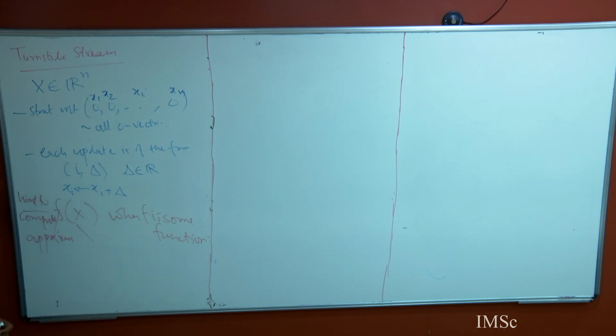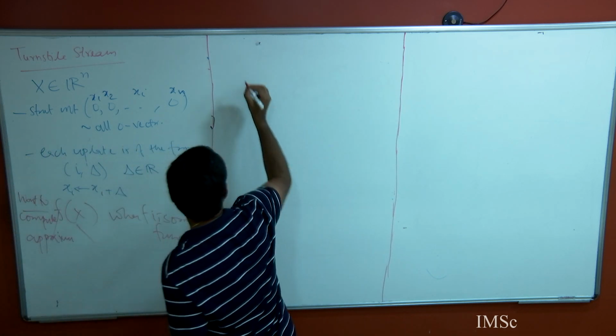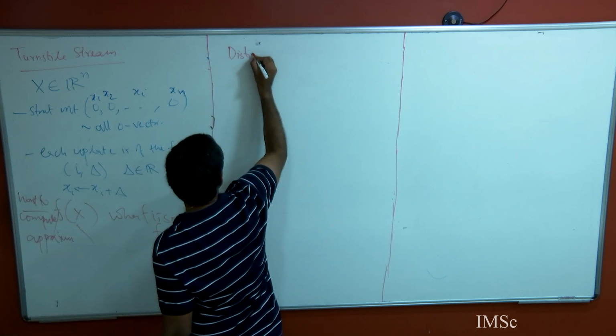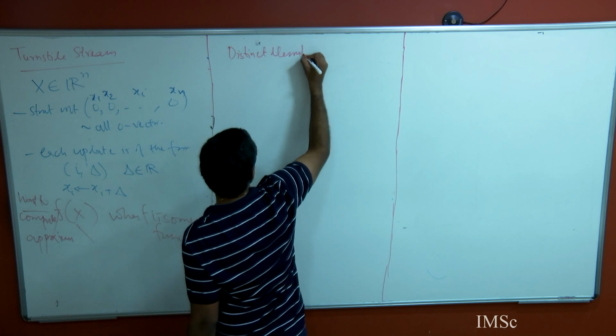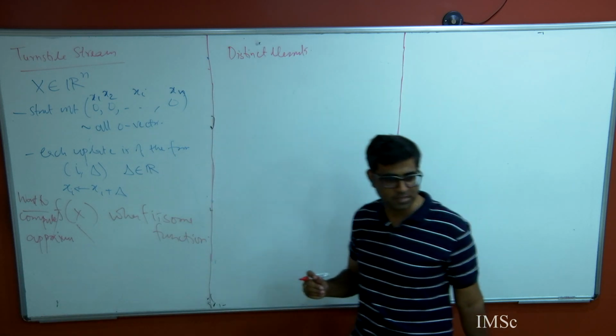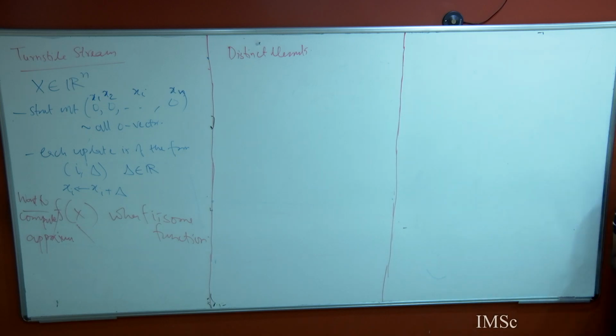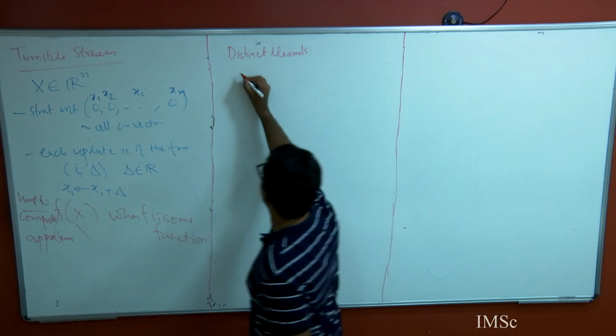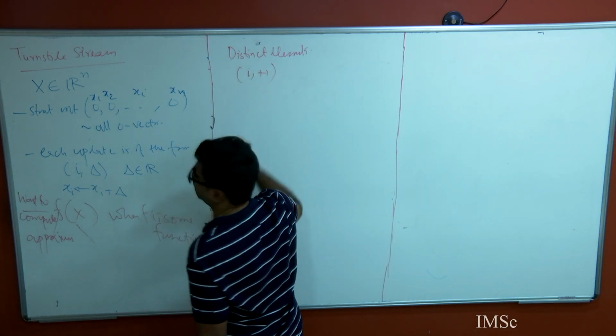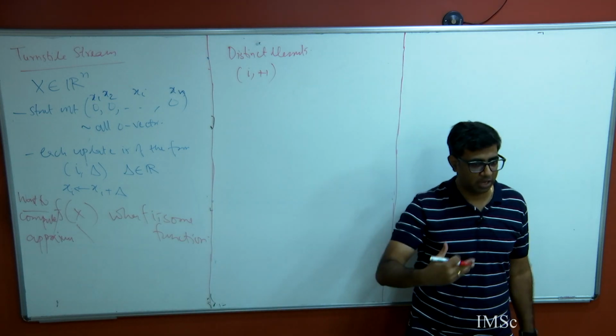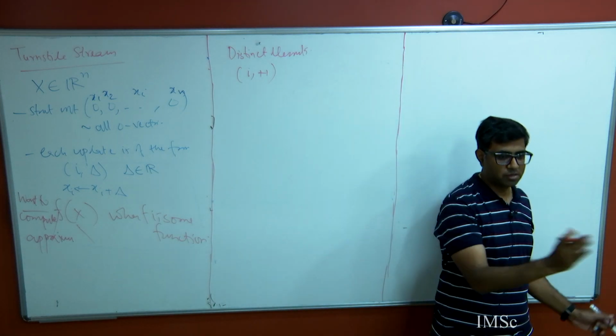So how can we model our distinct elements problem in this model? If xi comes, we will always be doing (i, plus 1), because at this point what we did was insertion only.